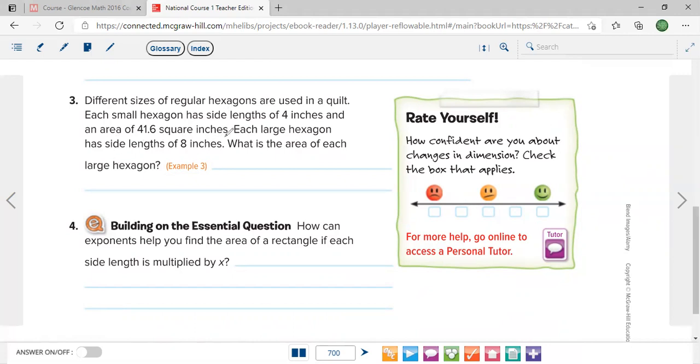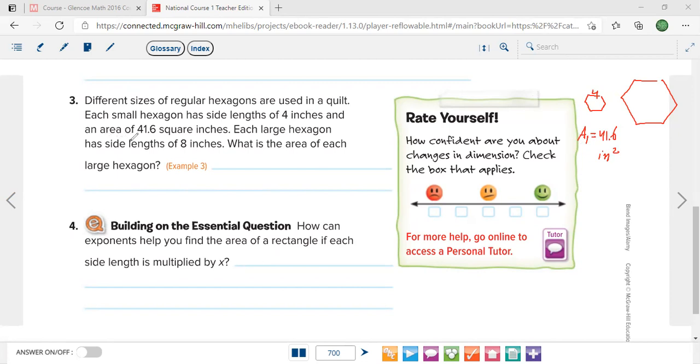So, we have a small hexagon, hexagon like 1, 2, 3, 4, 5, 6, and the big hexagon like 1, 2, 3, 4, 5, 6. We are given that the side length is 4 inches, here 4, with area, let's say area 1 equals 41.6 inches squared.